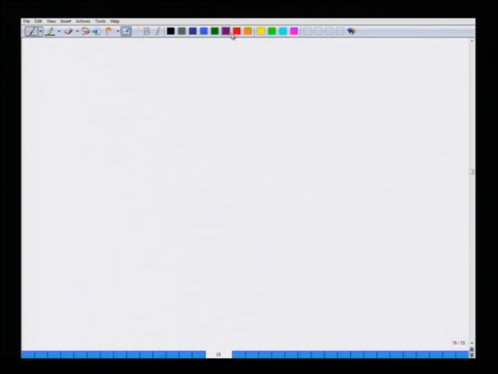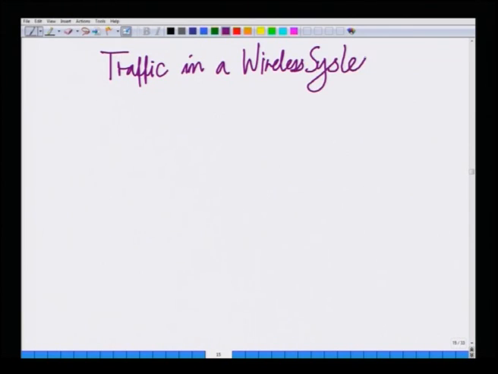Now, we have to start by characterizing traffic, that is how do we characterize the demand to place a call by these different users.